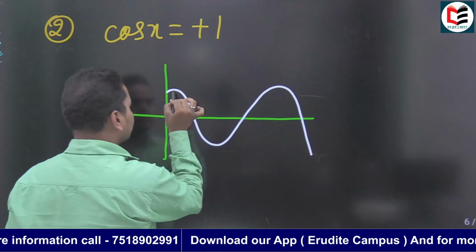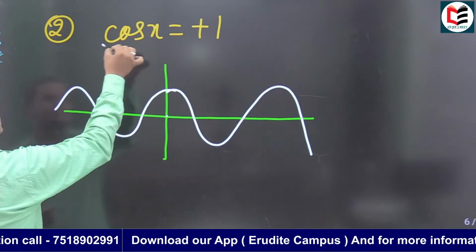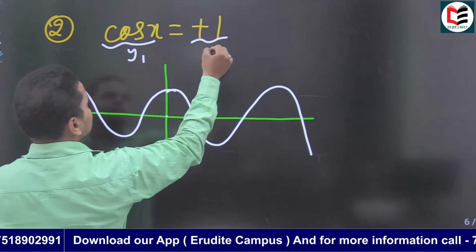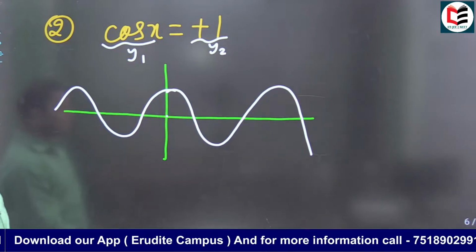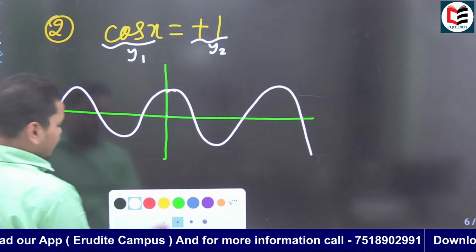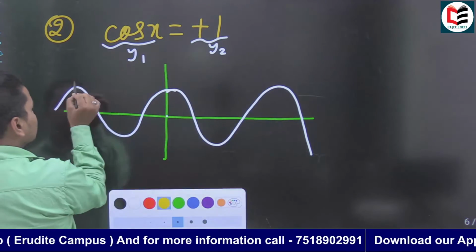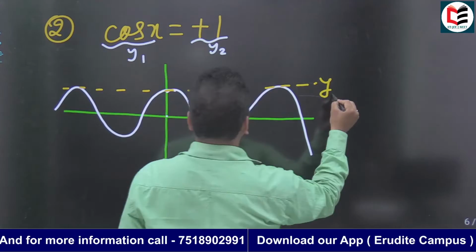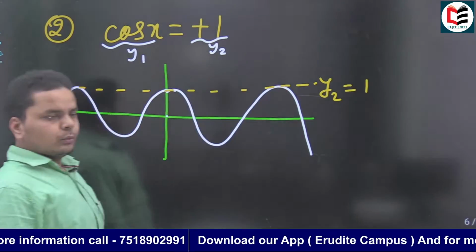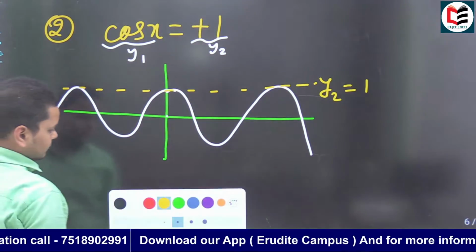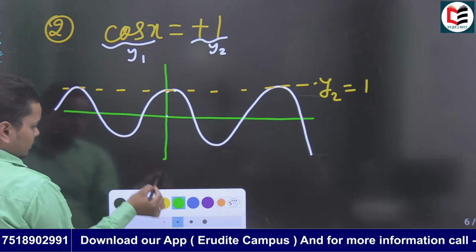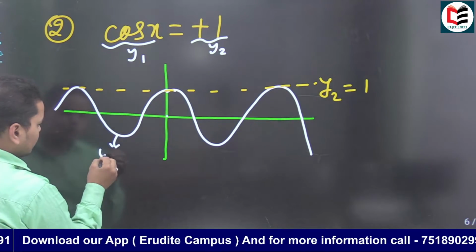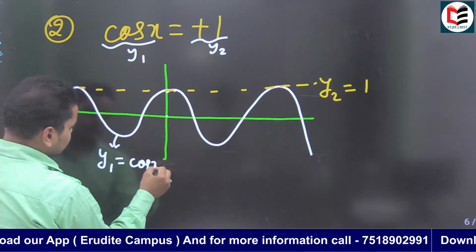Here is the graph of cos x, which is the y1 function, and this is the y2 function, which equals 1. Here is the y2 equal to 1 graph, and the white part is y1 equal to cos x.